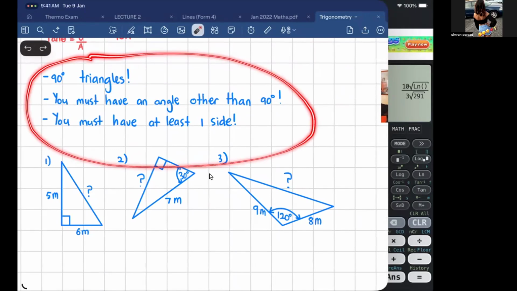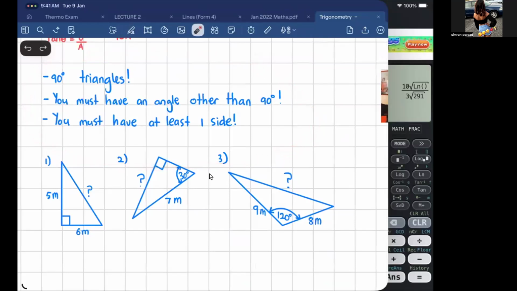It must be a right angle triangle. It must have an angle other than 90 degrees. It must have at least one side. Right. So let's run through the must-haves. Is this a right angle triangle? Yeah.